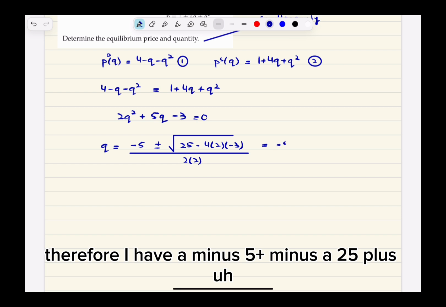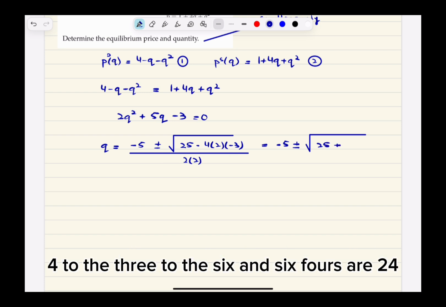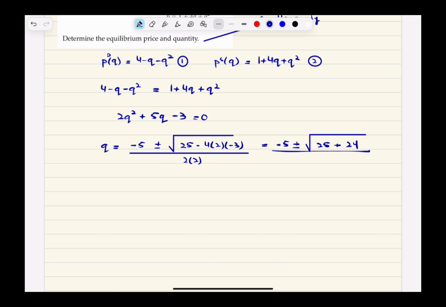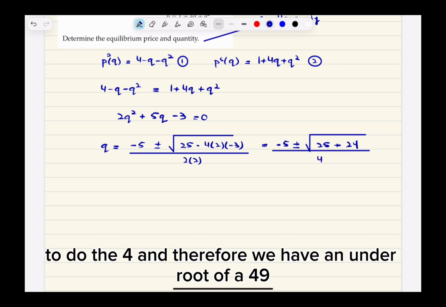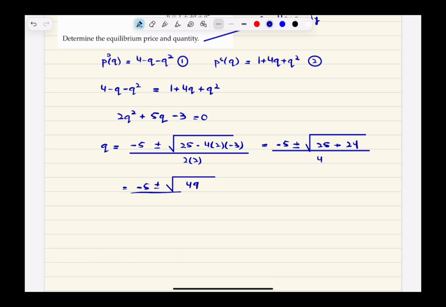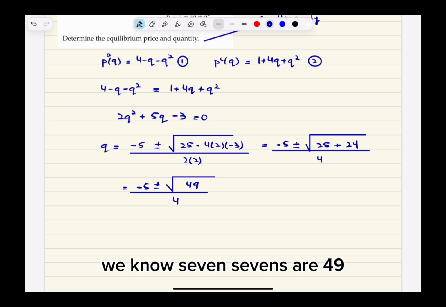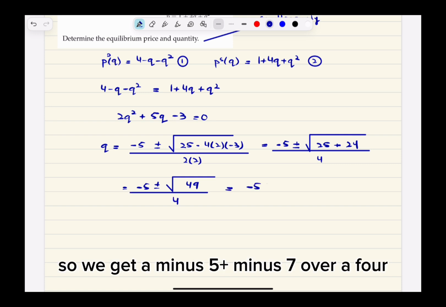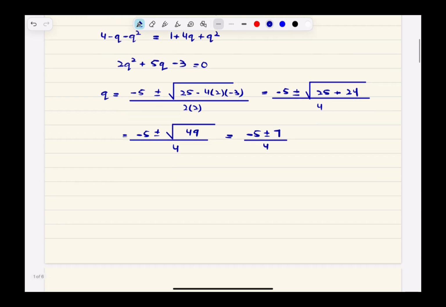Therefore, I have minus 5 plus minus the square root of 25 plus 4 2s are 8, 3 8s are 24, so 24. 2 2s are 4, and therefore we have the square root of 49. We know 7 7s are 49, so we get minus 5 plus minus 7 over 4.